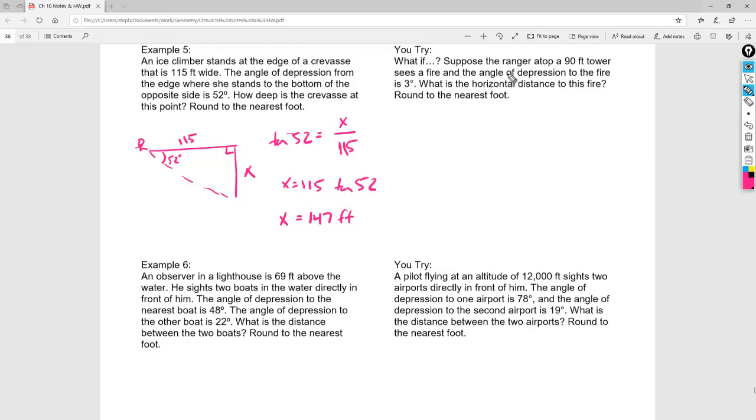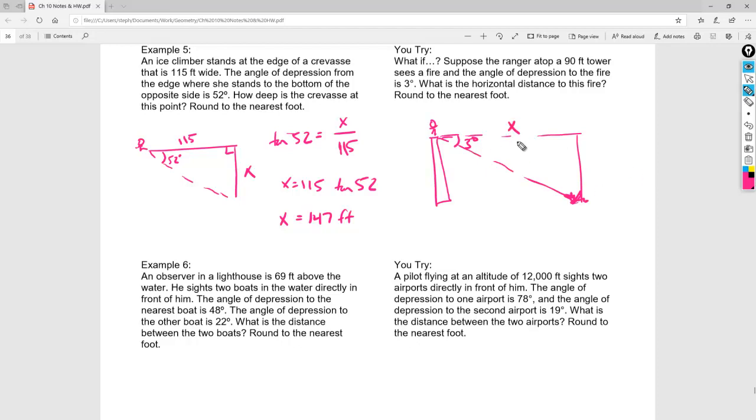Okay, so we have a ranger atop a 90-foot tower, sees a fire, the angle of depression is 3 degrees. So we have tower, there's our dude. Okay, so the angle of depression from, I guess we would say the tower, because we don't know how tall he is, so that would be very difficult, to the fire is 3 degrees. Okay, this is the fire. And I want to know the horizontal distance to this fire.